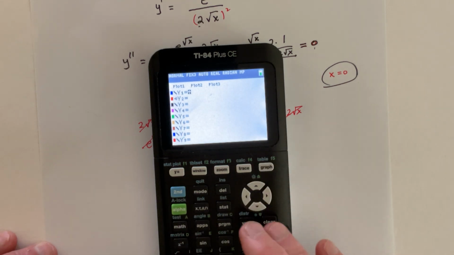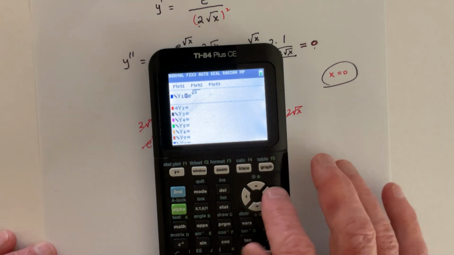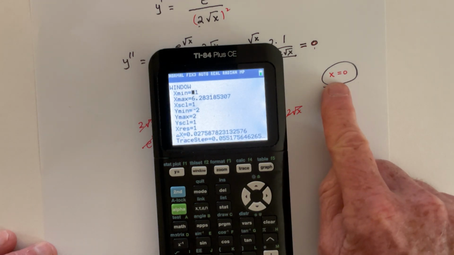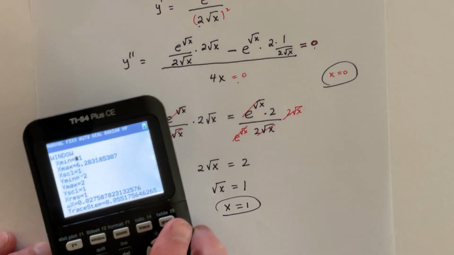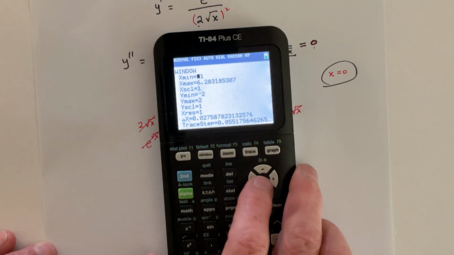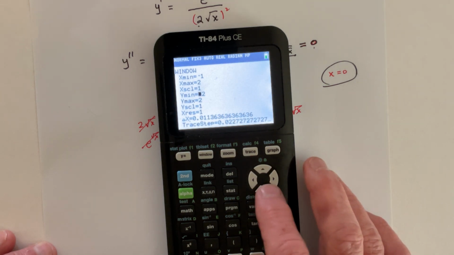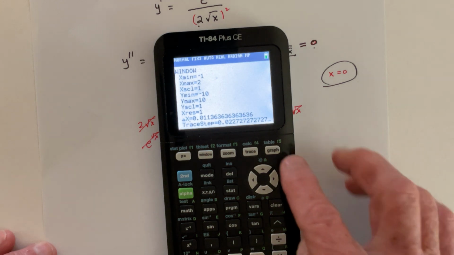And it is the e function and then second square root of x. And for the window, I do need to see what's happening at 0. So -1 sounds fine. The other number was 1. So maybe if I go from -1 to 2, I can see what's going on. And I don't know what to put for y, so I'm just going to put -10 to 10.